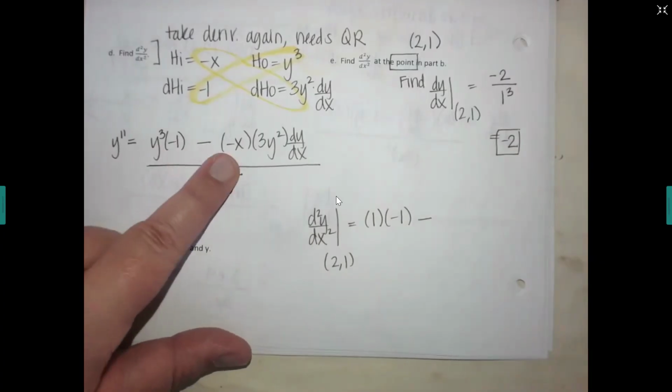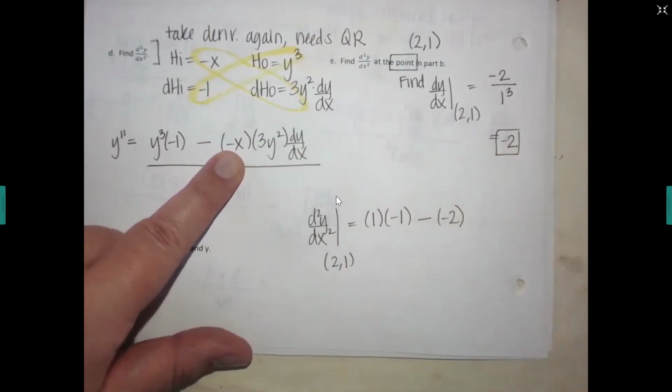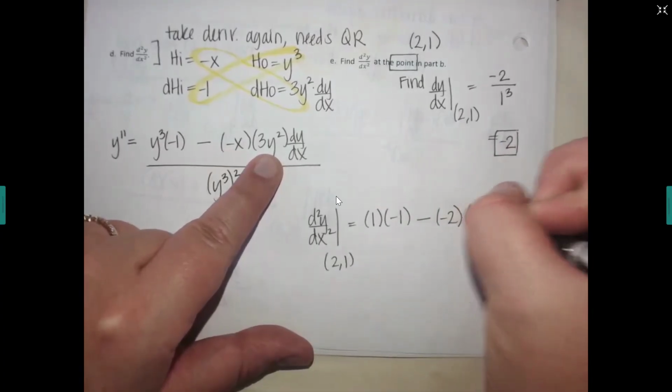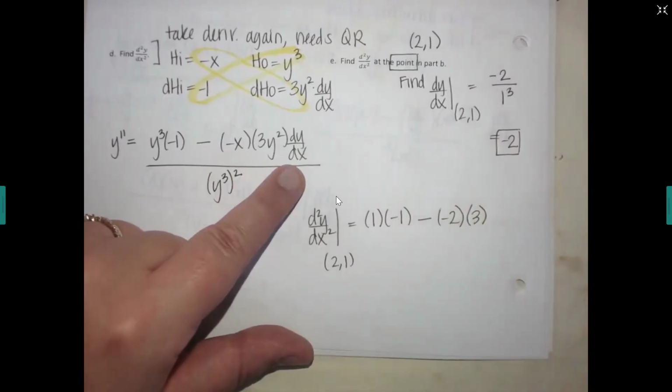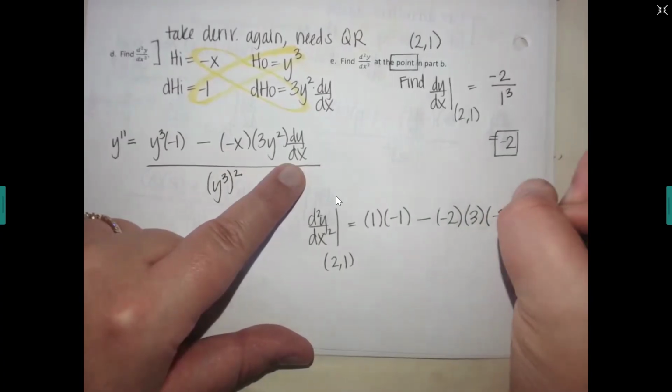What's my original x value? But I'm plugging in a -2 because it's a minus x, right? Then I want a 3y squared, but what's my y? So that's really just a 3 times 1. And then what's my dy/dx number? -2.